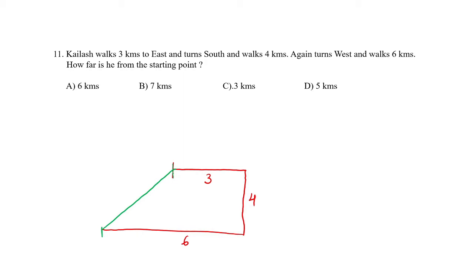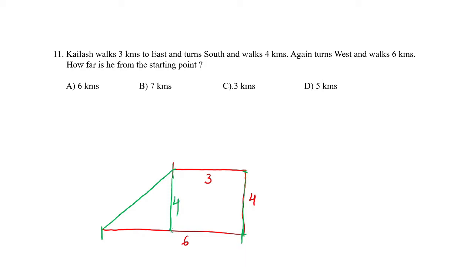Now to find out this distance, I want to draw like this. This is a right angled triangle. Here, from this portion to this portion, how much distance? 4 kilometers. So this is also 4 kilometers, because this is a rectangle. Opposite sides are equal. And from this part to this part, 6 kilometers.